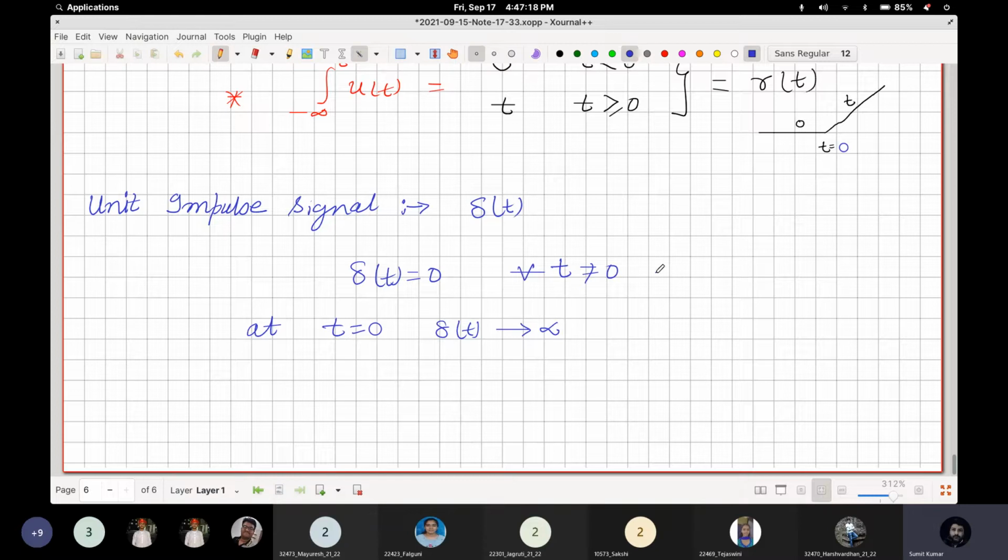But it is not defined just by these two. The other thing is that the area under this impulse, integral from minus infinity to infinity of delta t dt, is equal to 1. So the area of the impulse is equal to 1. It is denoted something like this. We denote it by an arrow here at t equal to 0.